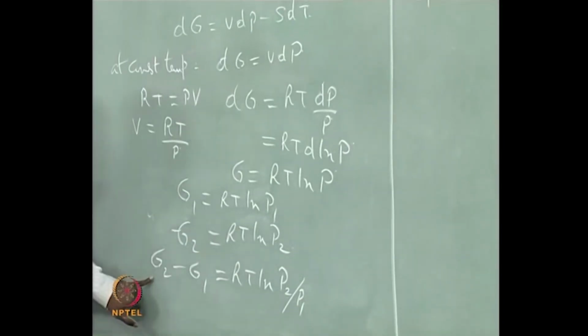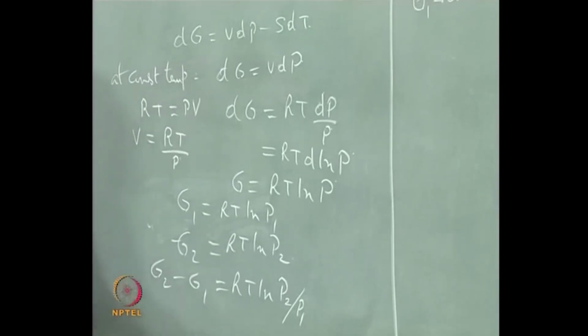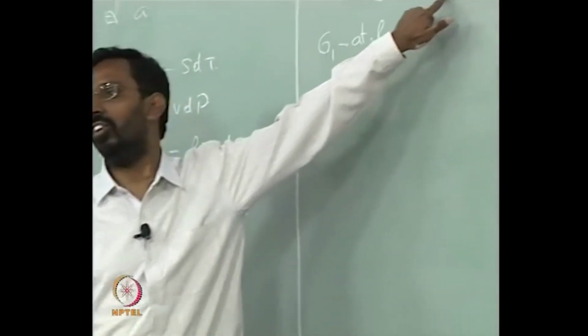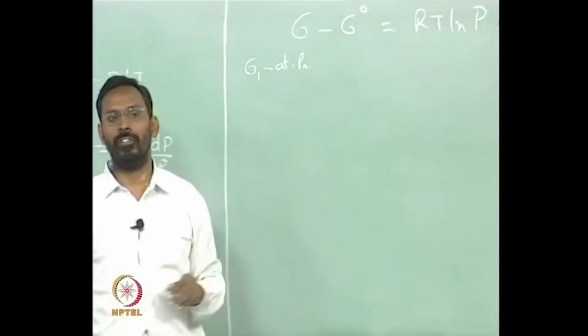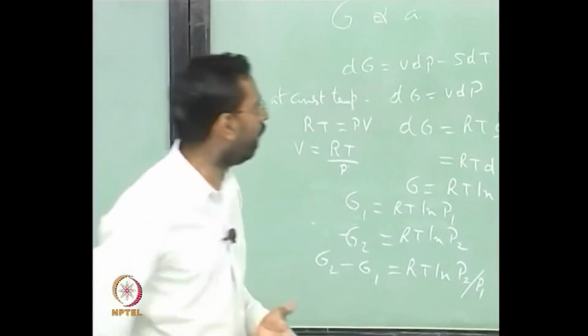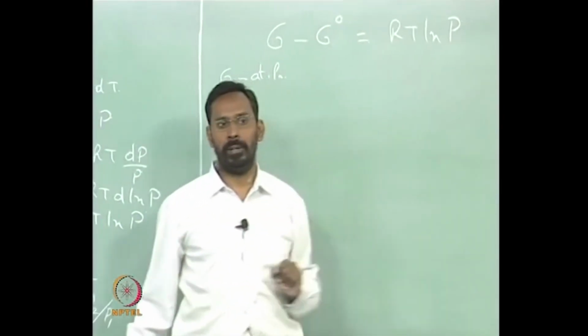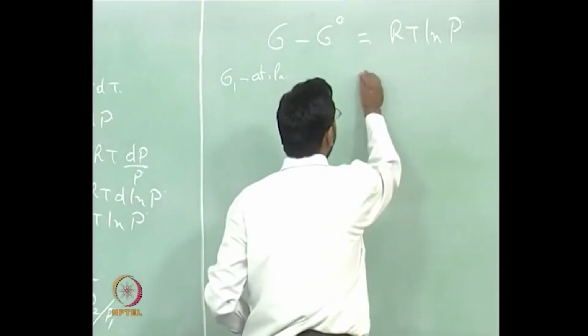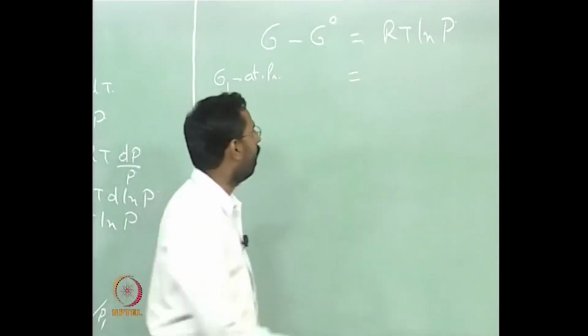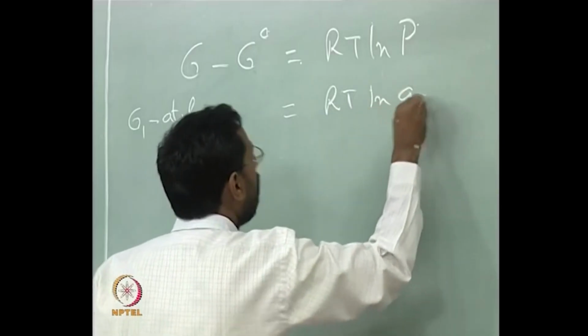So you can write G2 minus G1, I will call it as standard free energy at atmospheric pressure, so that I will refer to as G naught. So we always refer free energy at atmospheric pressure as G naught. So I can write G minus G naught is equal to RT ln P. And the same thing if you are talking in terms of activities, I can write the same thing as RT ln A.